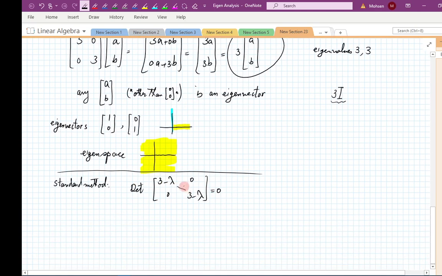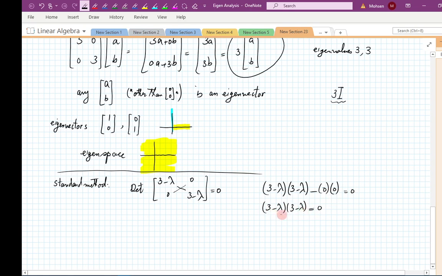So this times this minus this times that. Well, that's not bad. 3 minus lambda times 3 minus lambda, and the other way is 0 times 0. Well, I said multiply it out, but that was actually silly.